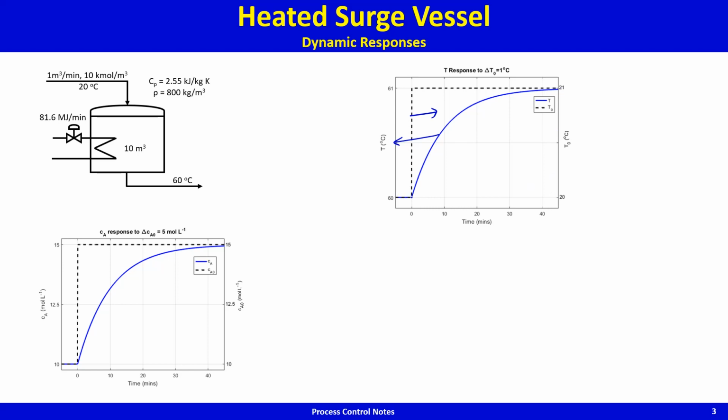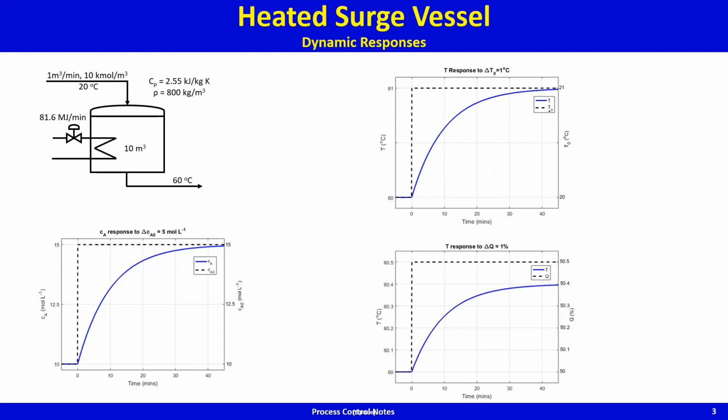Oh, I'm so sorry, the inlet temperature is this one, and the outlet temperature is this one. So the outlet temperature also increases by 1 degree Celsius, from 60 to 61. If the increase in inlet temperature is 1 degree Celsius, the increase in outlet temperature is also 1 degree Celsius. That makes sense. And again, 63.2% of the response, about 2/3 of the response, completes in one time constant. This is the total distance that the response has to travel.